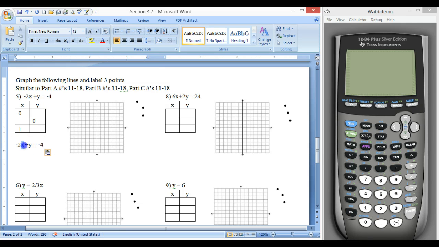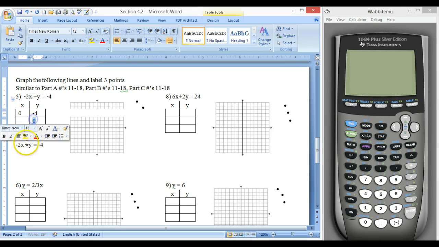we'll substitute 0 here. Don't forget your parentheses. -2 times 0 is 0. So I just have y equals -4. So this all canceled out, and I can put -4. So that was fast. And then going back for the next one, plug 0 in for y.